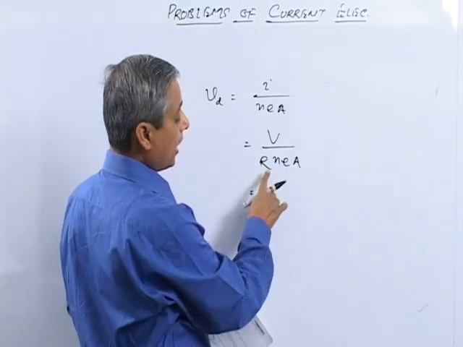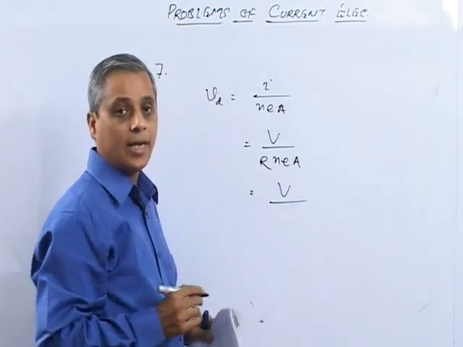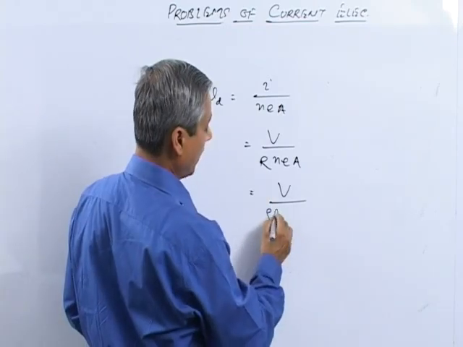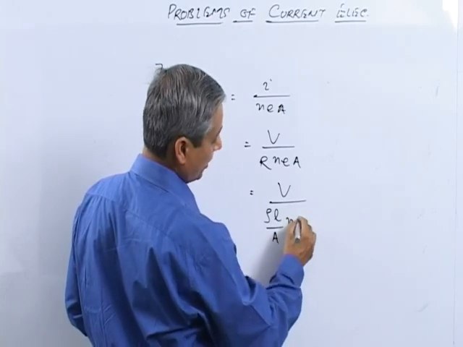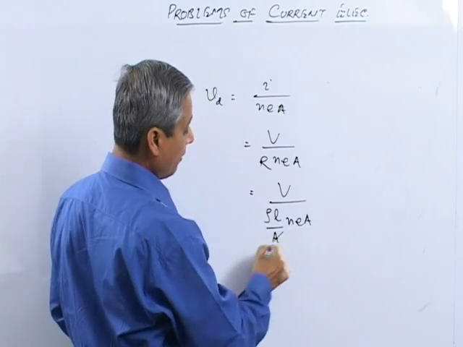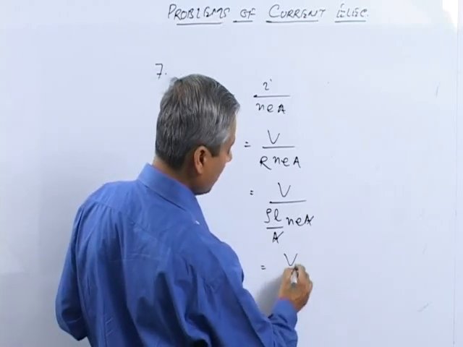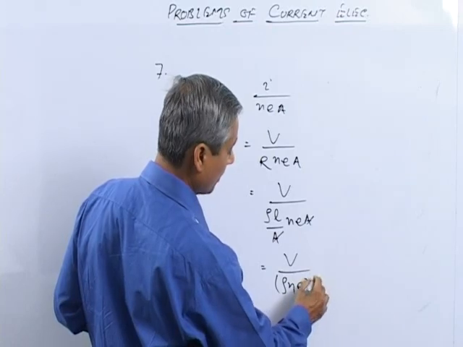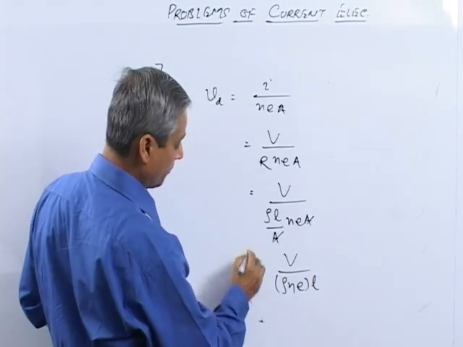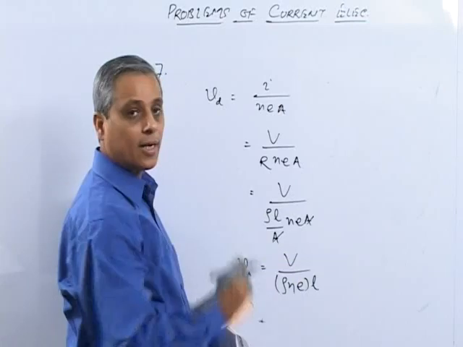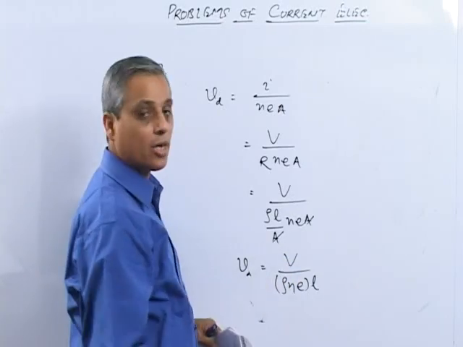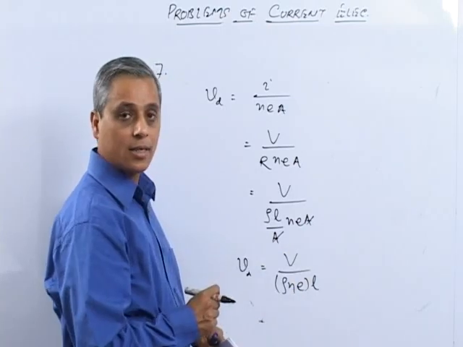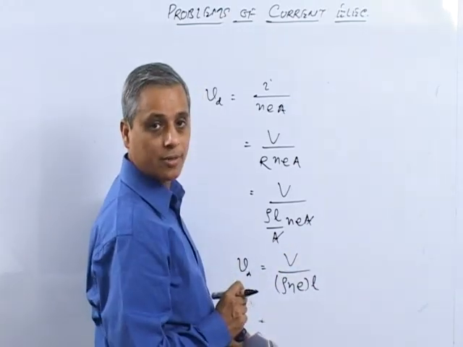Then R, the resistance of conductor, in terms of resistivity of the material, can be written as R is equal to rho L by A into NEA. Here A will be cancelled and we are left with V upon rho NE times L. Now see, when you connect a conductor across a constant potential difference, the drift velocity of electrons in the conductor does not depend on area of cross section.